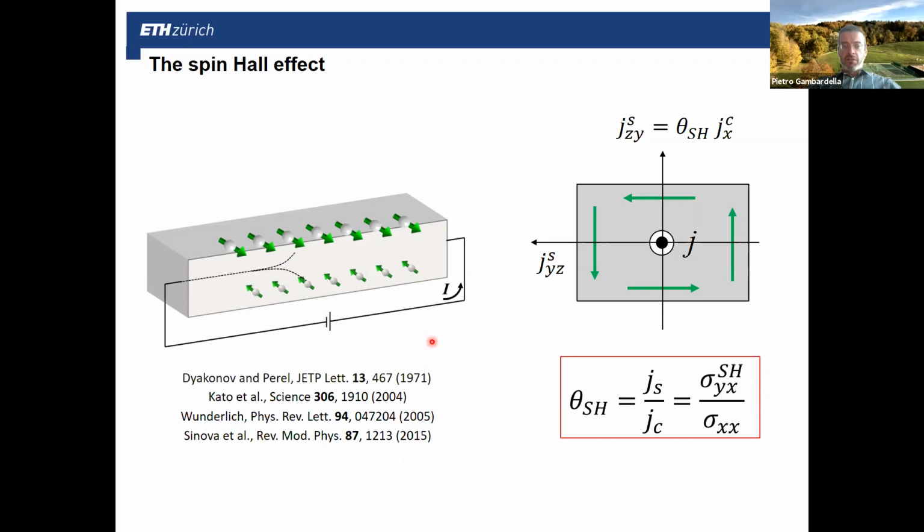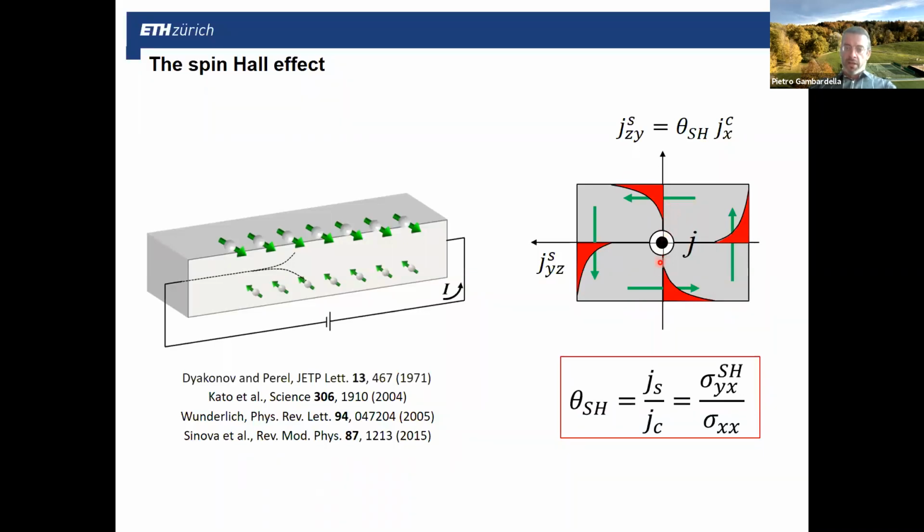Okay. So now this edge spin accumulation that you see depicted here in this cross-sectional view of a conductor, right, occurs on a length scale that is determined by the spin diffusion length.